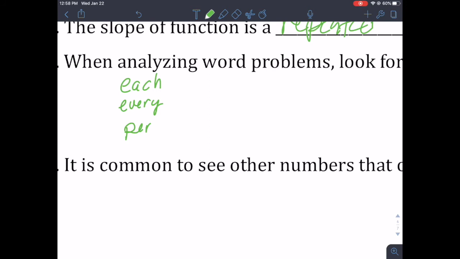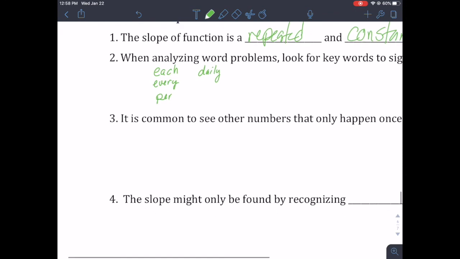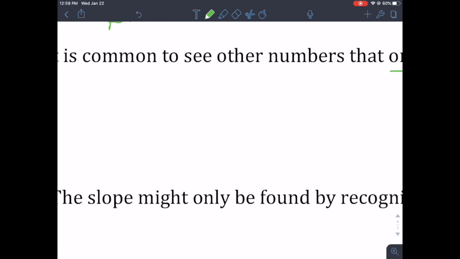You might also see something like daily or monthly. Those might also be words that key you in on slope. Now, there's probably going to be other numbers in a lot of our problems, but sometimes these are going to refer to things that only happen once. These could be things like a flat fee, or amount. They might be an initial amount.